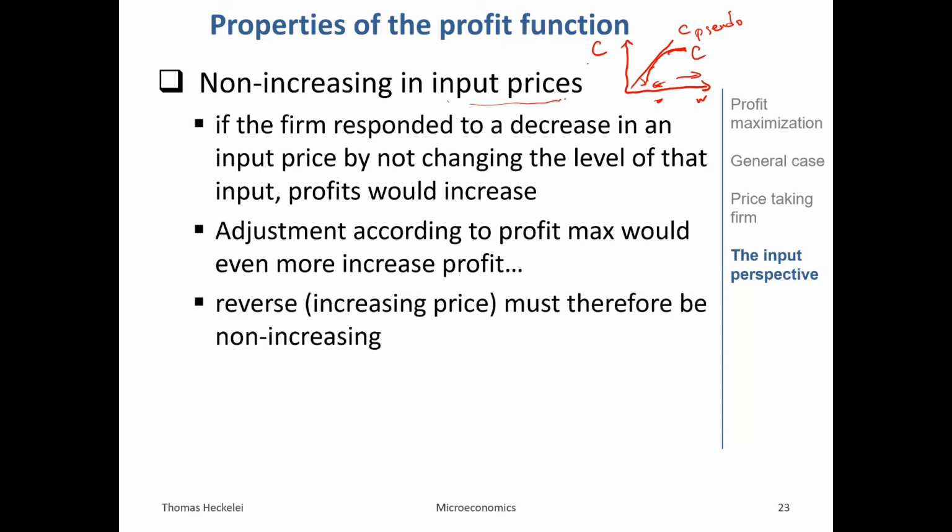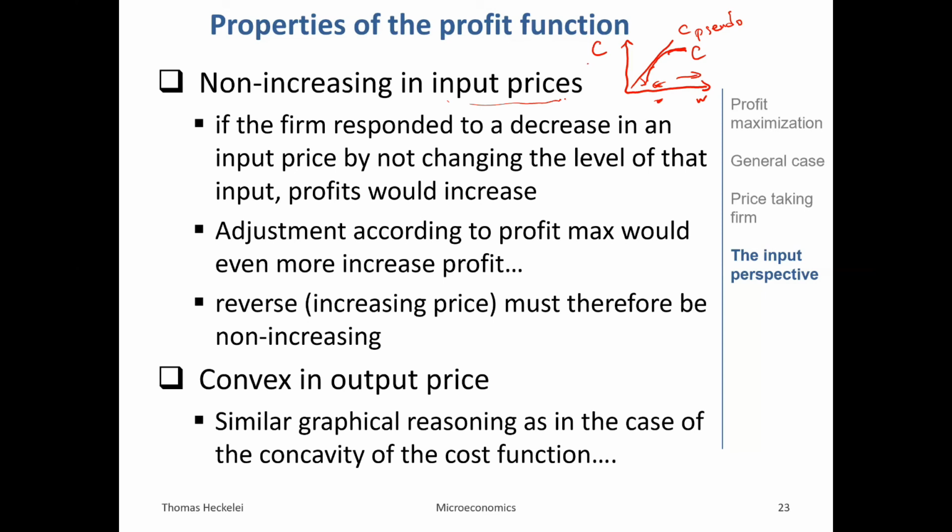The last property is convex in output price. So actually, we could apply similar reasoning to this here, but now for output price. So instead, you would also have a graph, but now with pi, profit, on the vertical axis and output price on the horizontal axis.